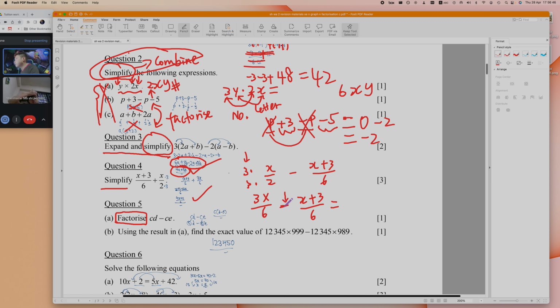So you put bracket for the behind one. Like this, right? So actually what you do next is you bracket this one first. Are you clear? Then that's why you end up with a bracket here. Then after that you continue, you open the bracket, right? Then you get 3x, first bracket minus x, second bracket minus 3. Then you end up with 2x minus 3 over 6.